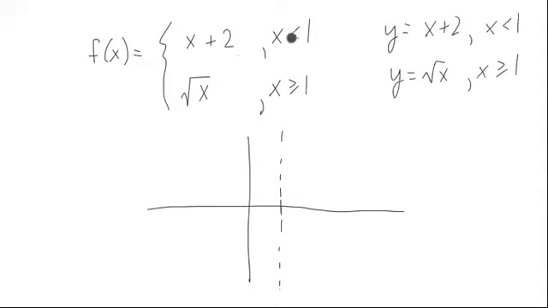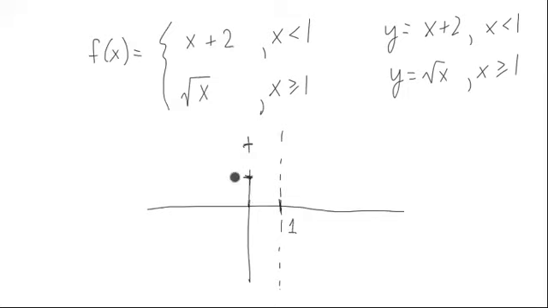So, for instance, x plus 2 is for x less than 1. So slope of 1 and a y-intercept of 2 is what I meant to say. So let's suppose we have 2 right here and slope of 1 right there.